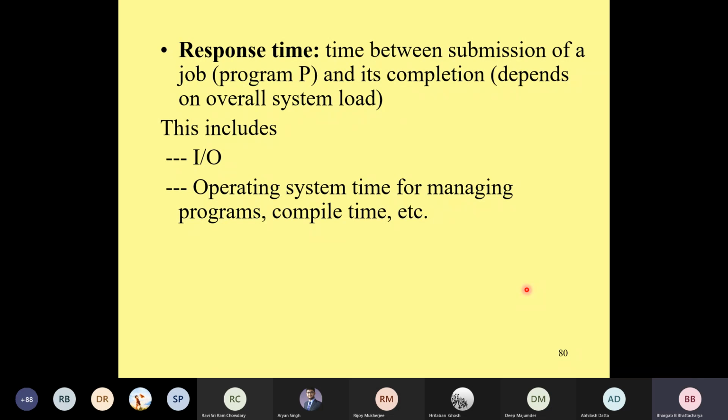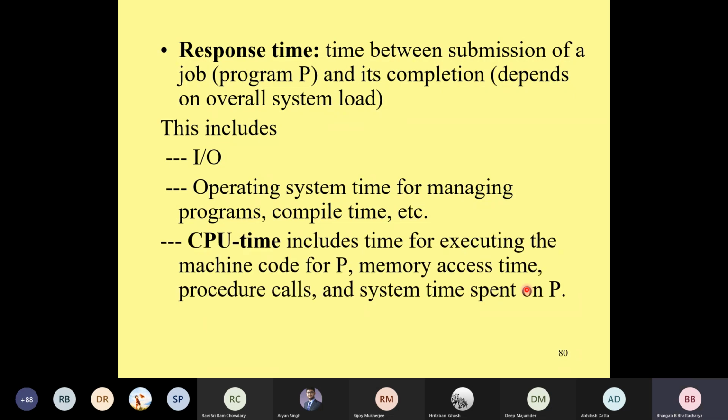Okay, and other system software that is necessary to manage your programs. And it also includes what is called the CPU time. Right? So response time includes CPU time plus some additional overhead due to OS and compilation and so on.